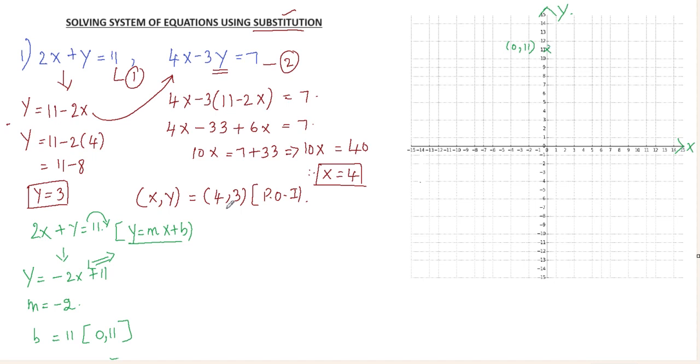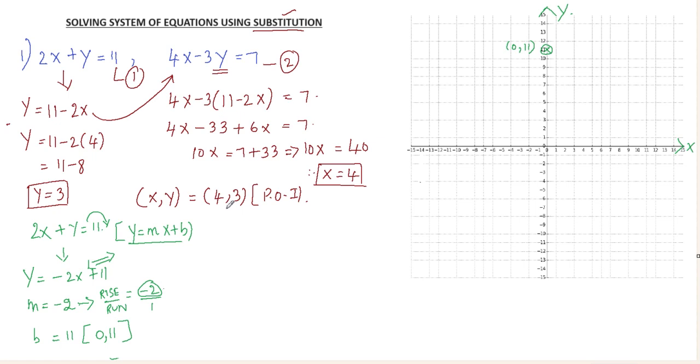Now I need to locate the second point in the graph. To locate the second point, we have to make use of the slope. The slope goes with the formula of rise divided by run. So here your rise value is minus 2 and the run value is obviously 1. Minus 2 means you need to decrement the value of 11 by 2.